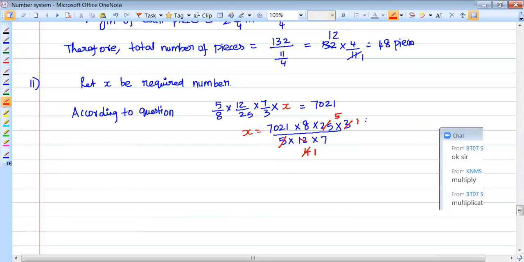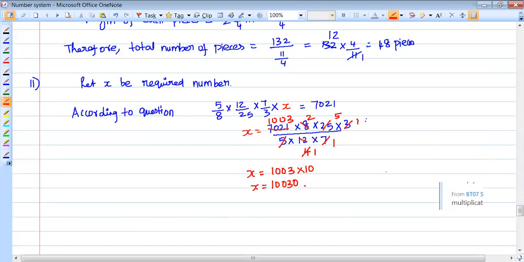Then 7 1s are 7, which leaves 1003. X is equal to 1003 into 10, which is 10,030. So what is our answer? 10,030. Shivani is the only girl with the right answer.